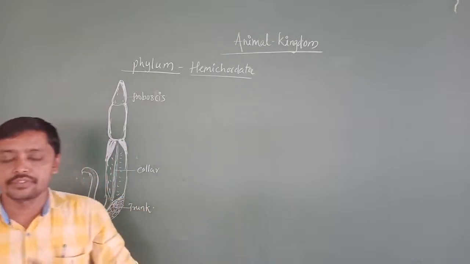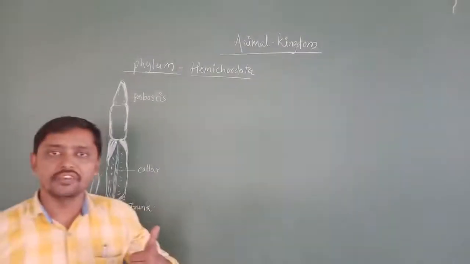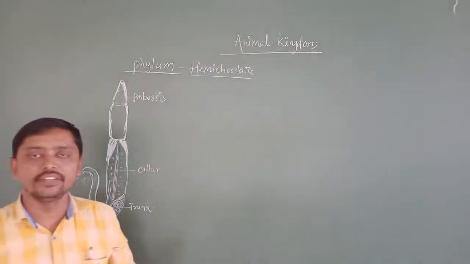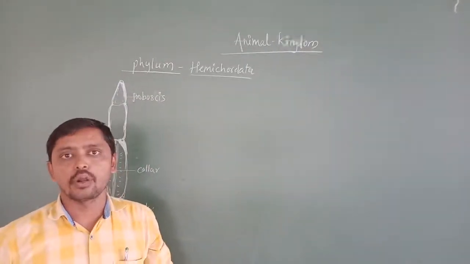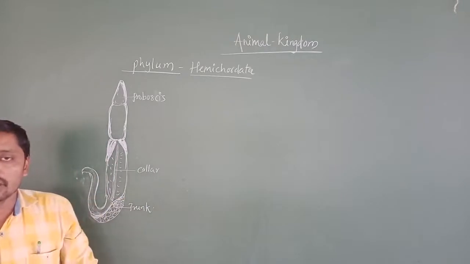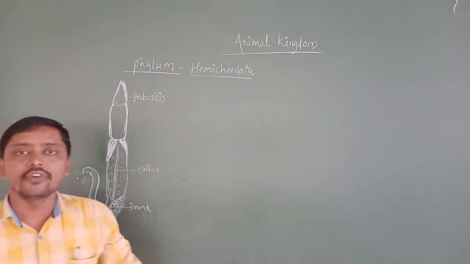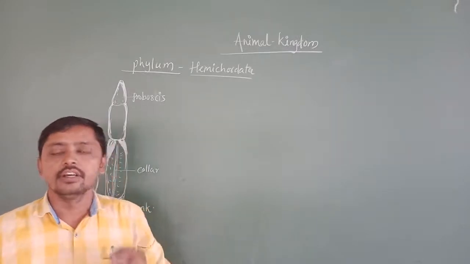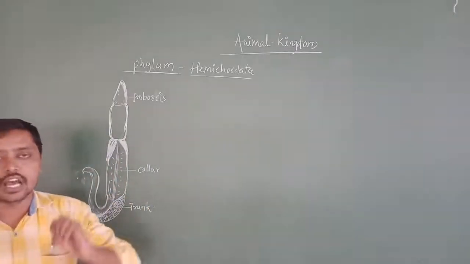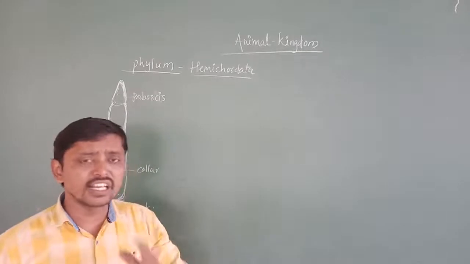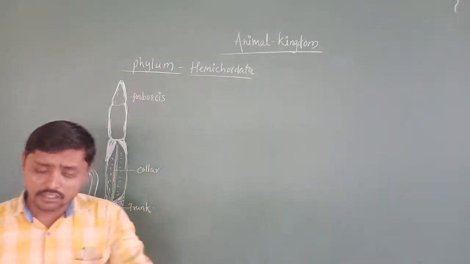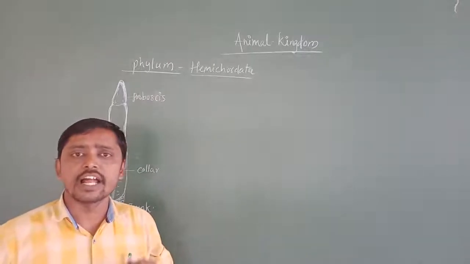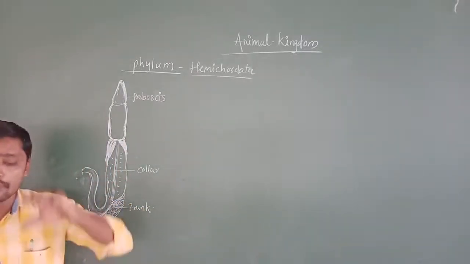How many phyla? Starting from Porifera, Coelenterata, Ctenophora, Platyhelminthes, Aschelminthes, Annelida, Arthropoda, Mollusca, Echinodermata. We have studied all these phyla and discussed their general characters, including common characters and peculiar characters of a particular phylum.